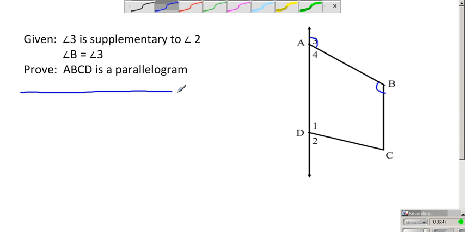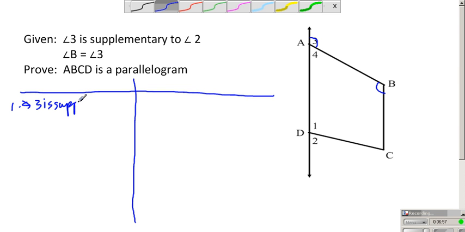So I'm going to write angle 3 is supplementary to angle 2, and angle B equals angle 3, and that's given. I'm also going to mark A, B, C, D. I'm going to outline what I'm after in yellow so it kind of stands out to me.